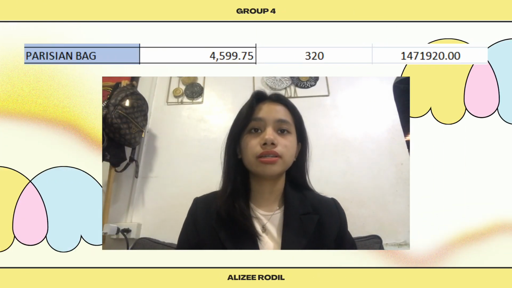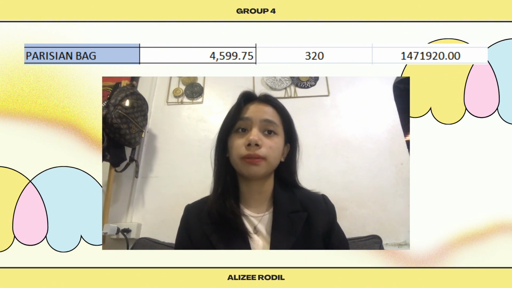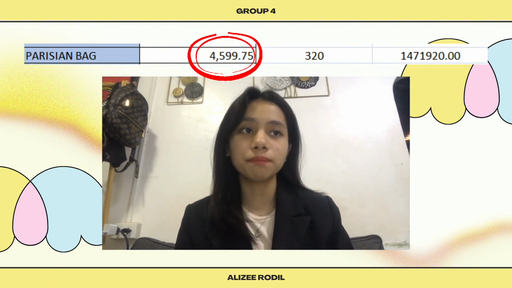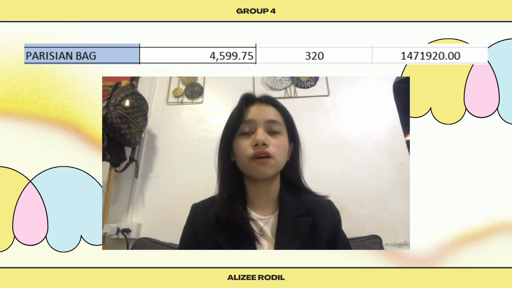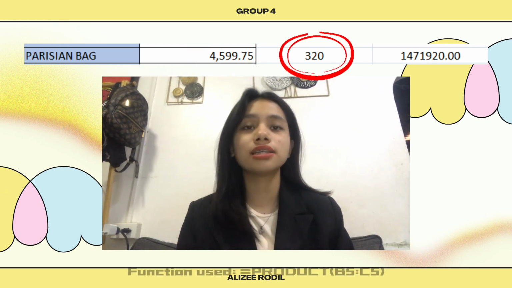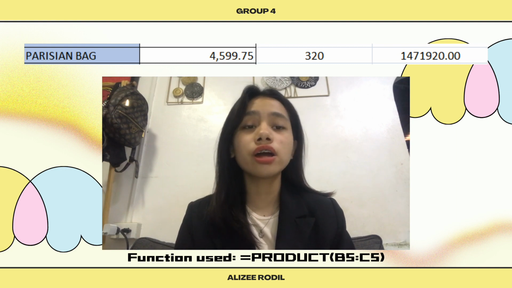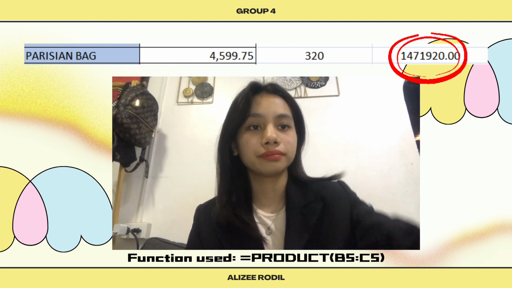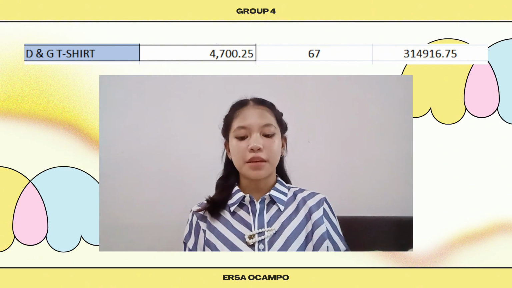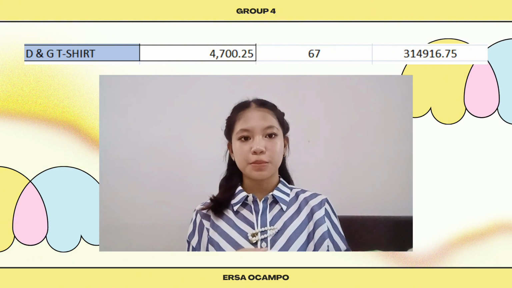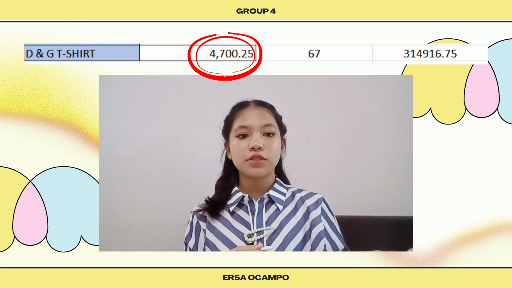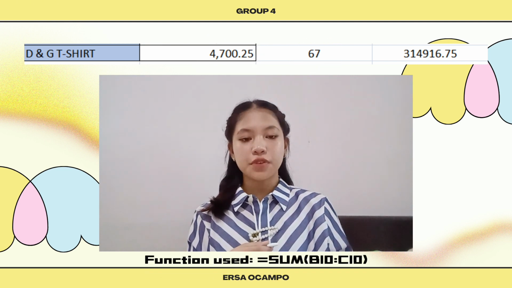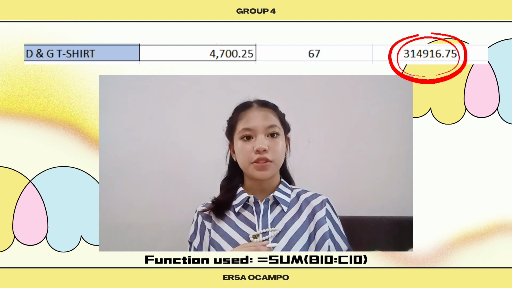The first item is a Versace bag. We must multiply the item that costs 4,599.75 pesos times the stocks of 320 pieces and is equal to 1,471,920 pesos. The last item costs 4,700.25 multiplied by the stock of 67 pieces will be equal to 314,916.75.